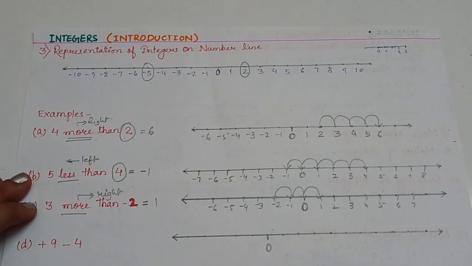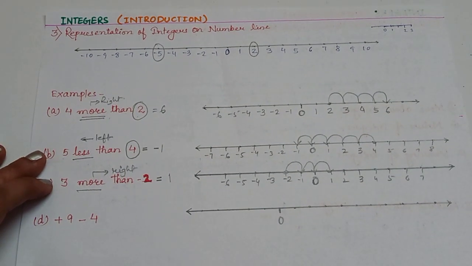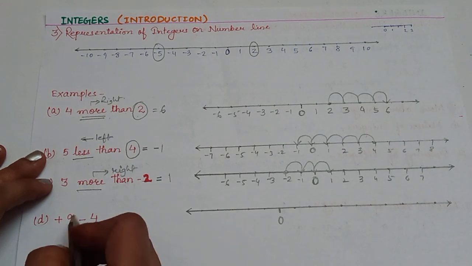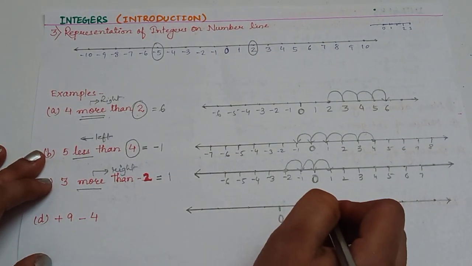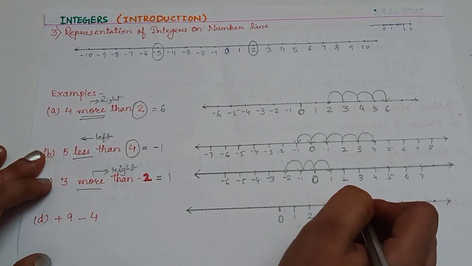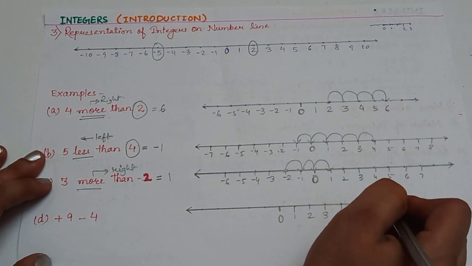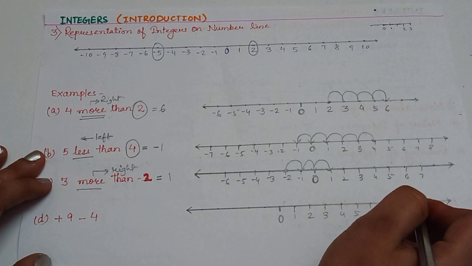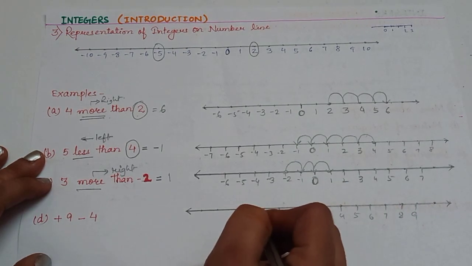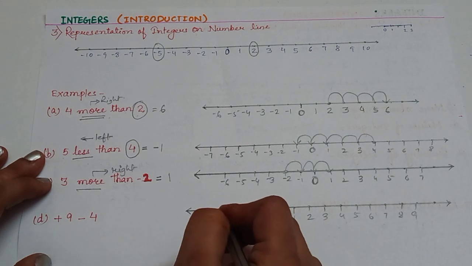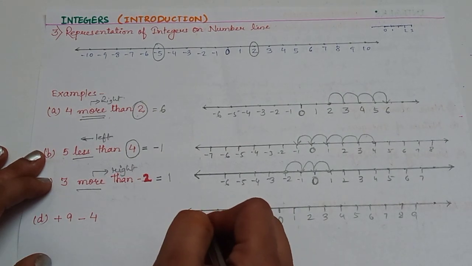Now the next is +9 -4. This type of question also comes. Plus 9 minus 4. So let's plot it here. 1, 2, 3, 4, 5, 6, 7, 8, 9 and so on. And over here minus 1, minus 2, minus 3, minus 4, minus 5.